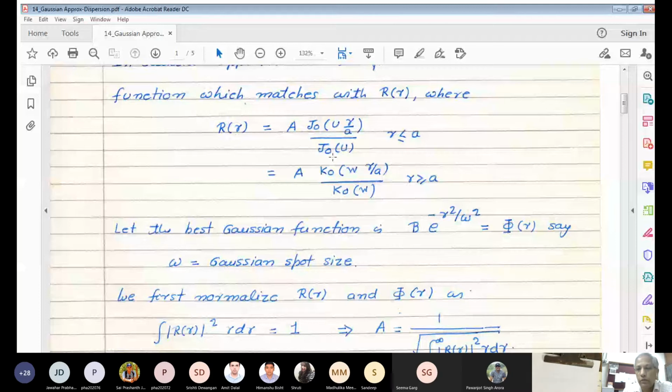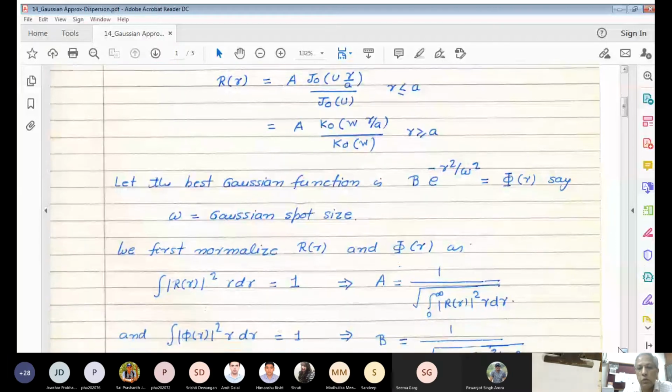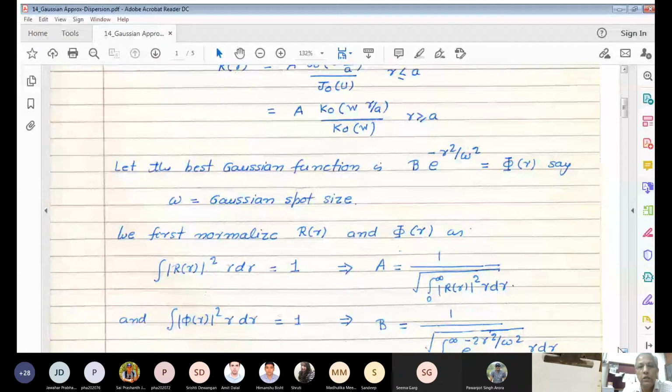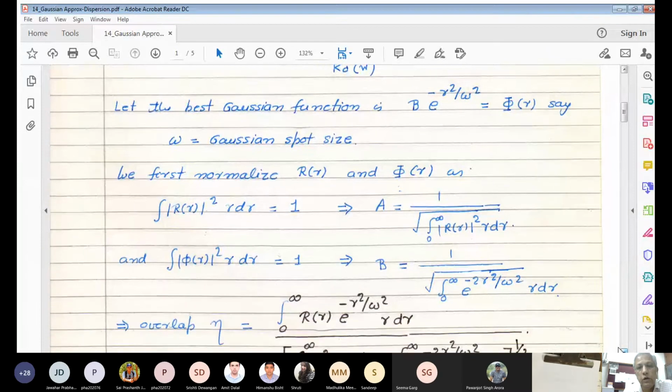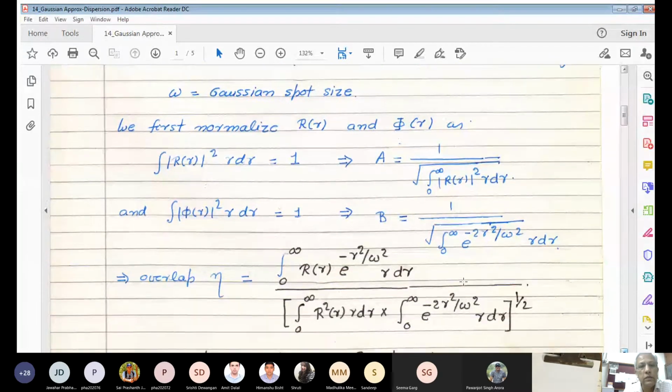First of all, we normalize both these functions, because if we do not normalize and take the values of A and B arbitrarily, then the overlap integral can be very, very large. It does depend on A and B, so that's not the correct way. So we will first normalize this. The integral of ψ(r) squared r dr, I normalize in this fashion.